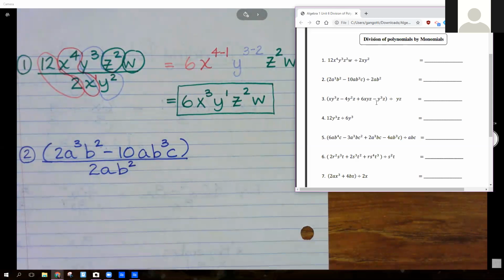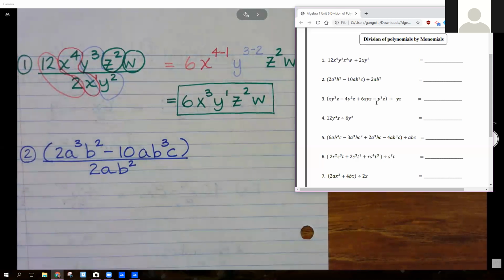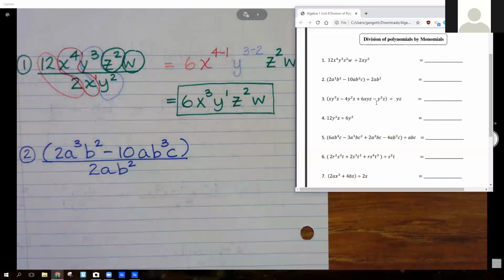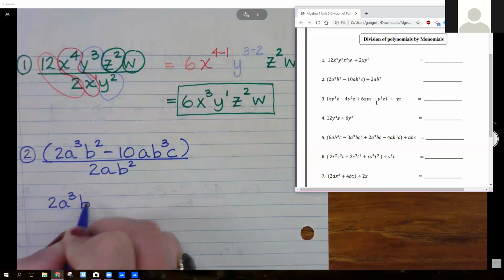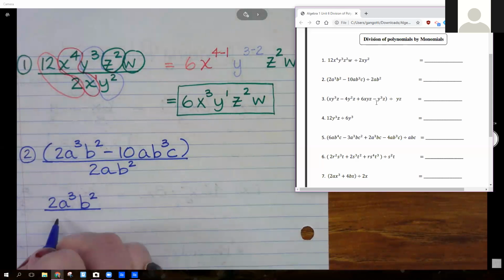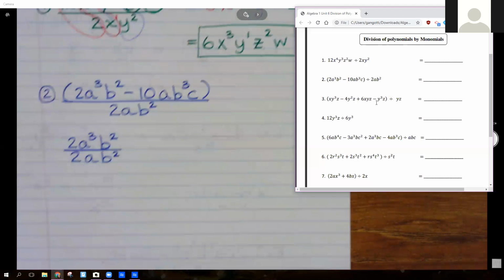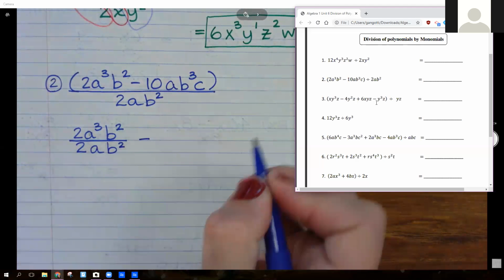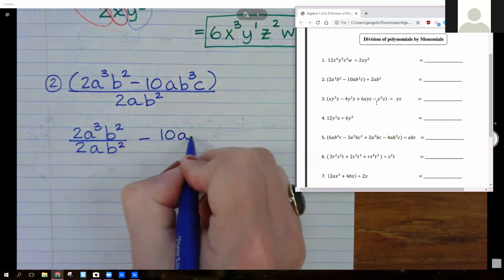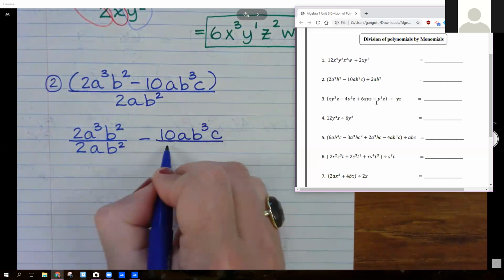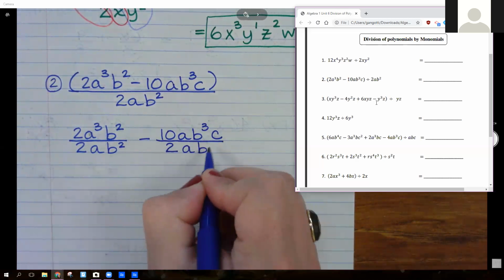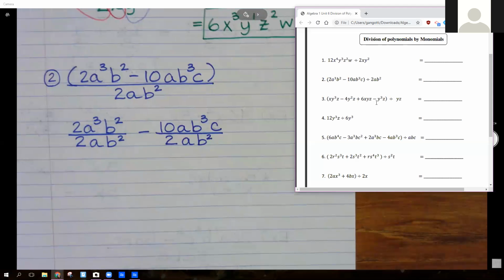Now you have to put that 2ab squared underneath each term of the binomial. So this will be 2a cubed b squared over 2ab squared minus 10ab cubed c all over 2ab squared, like that.